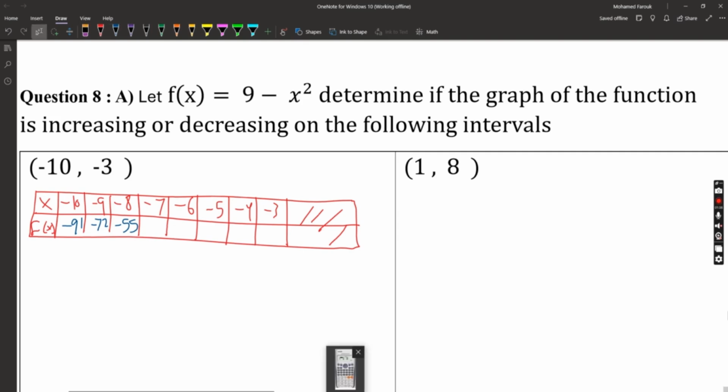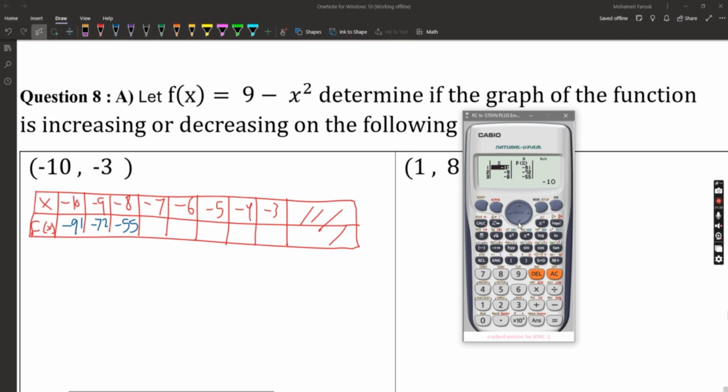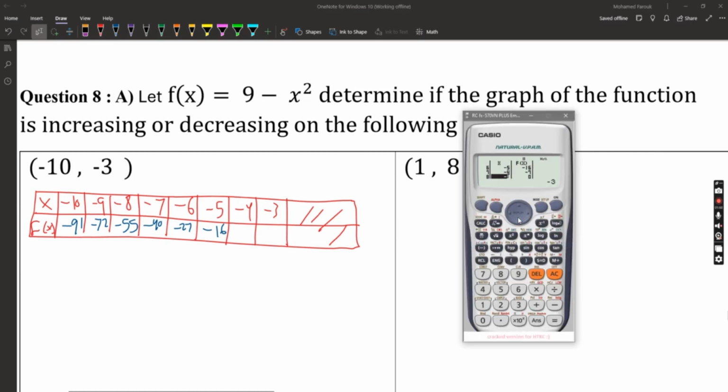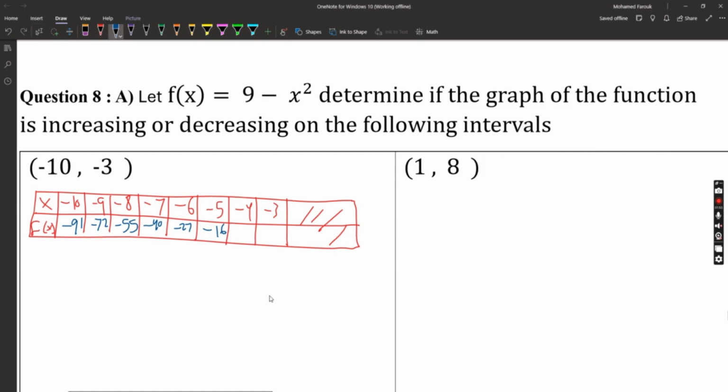Okay, let's continue. -40, -27, -16, -7, 0.